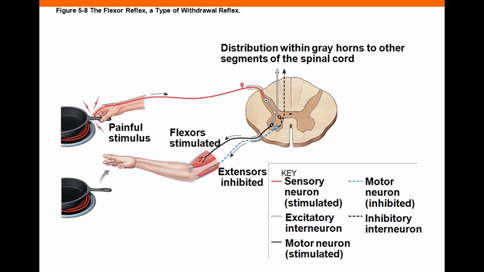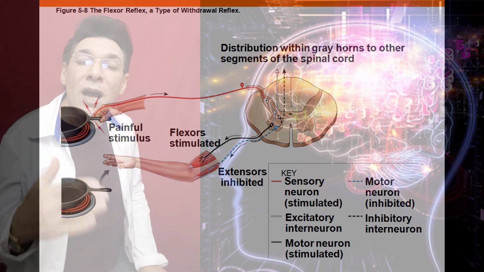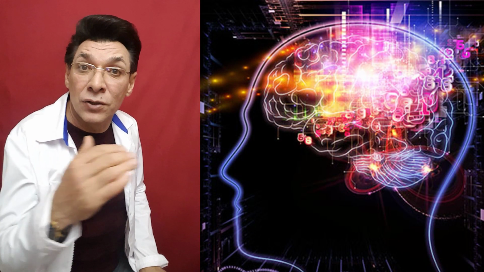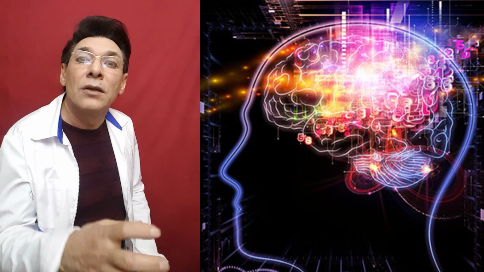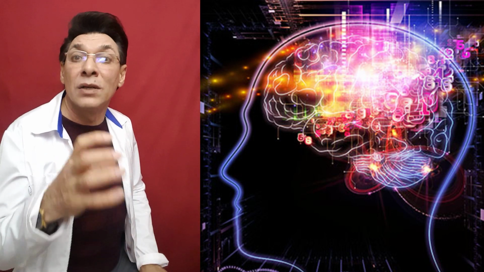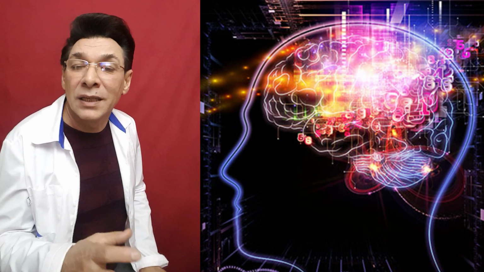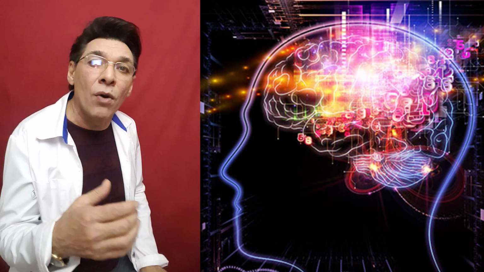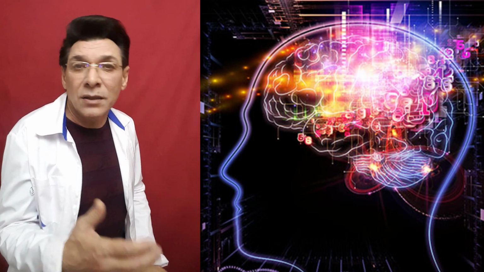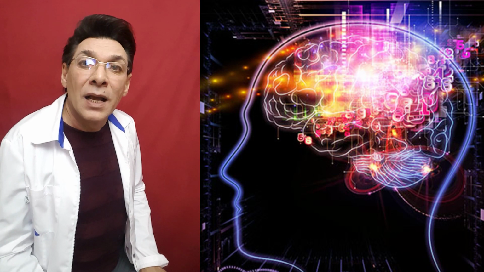So the first part of the reflex arc is a receptor. Second, afferent neuron and afferent nerve. Next, the central nervous system, or center of this reflex. The fourth part is the motor neuron, or efferent neuron, and effector organ.